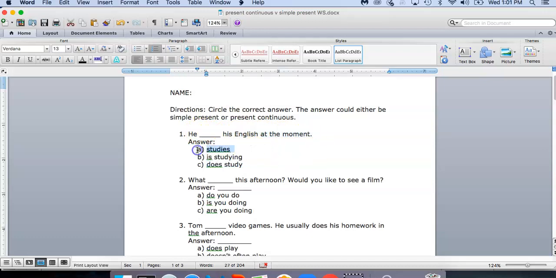So is the answer A, studies, B is studying, or C, does study? So for this one, the answer is actually B, is studying, because at the moment is another word for now, which is present continuous. When you see this word, just think that you have to use the present continuous form.